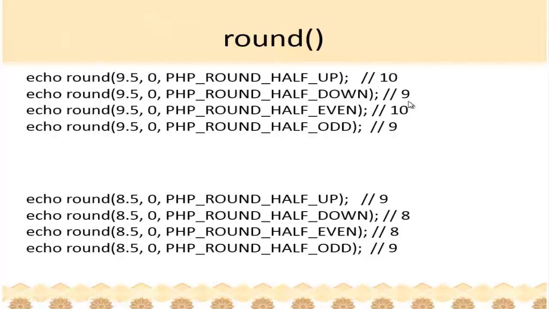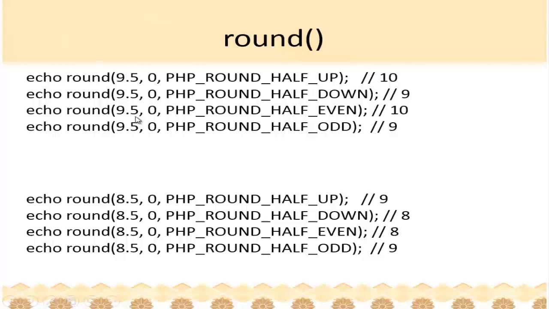So sometimes you may have some scenario wherein if it is 0.5, you don't want to take it to the top, you want to keep it down. After 0.6, 0.7 or anything, you want to take it to the next level. In that case, for 0.5, if you want it to come down or go up, you can use either take it up or down. The other one is half even, half odd. What is the meaning of this?